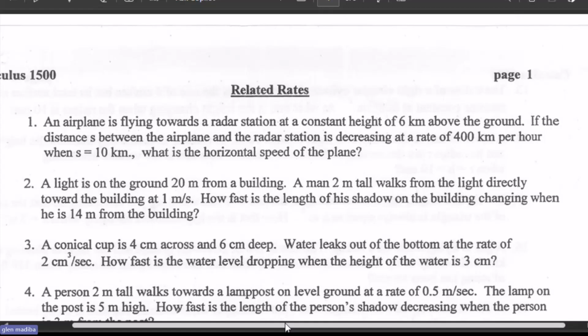The hypotenuse is the distance, we can denote it by s. We know that from the ground to where the hypotenuse and the y value meet, at the top is where the plane is, because it's 6 kilometers above the ground.